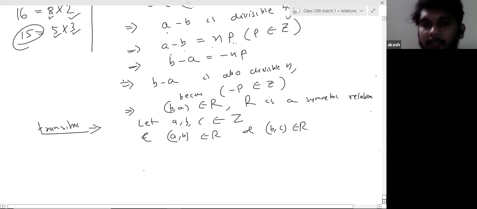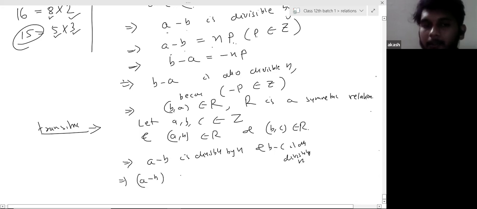Now in an equivalence relation, this implies that a minus b is divisible by n and b minus c is also divisible by n. So I can write a minus b equals n times p and b minus c equals n times q, where p and q belong to Z.